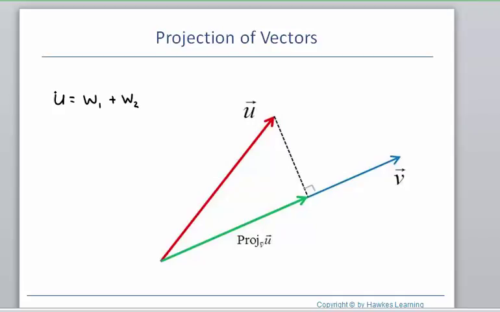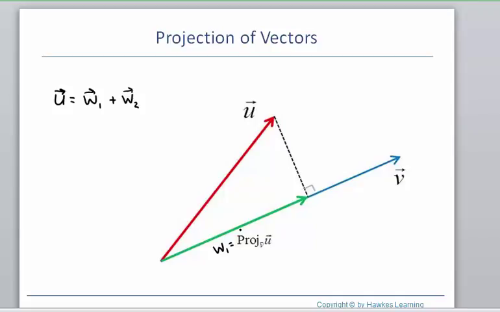We want to decompose vector u into these two vectors such that when we add them together, we get the same thing that we started with. Now, one of these vectors we're going to call the projection of u. That's what we have right here, the projection of u. So this would be like w sub 1.